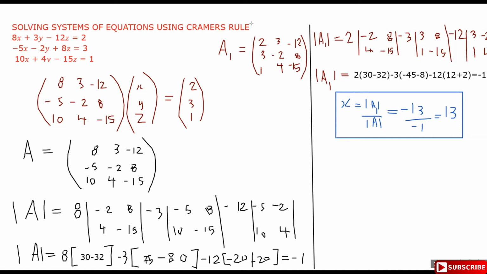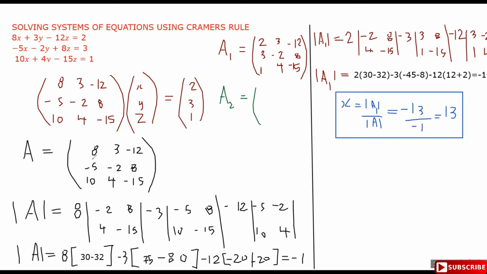So of course, we're gonna just do the same now for the coefficients of y. Let's use a different color. Let's use green. So now what we're gonna do is change the coefficients of y in A2.